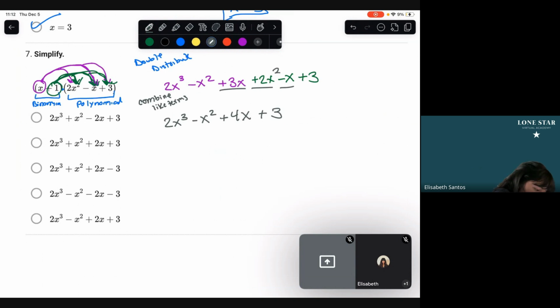And this should be squared. Whoopsies. Okay, let's fix that.